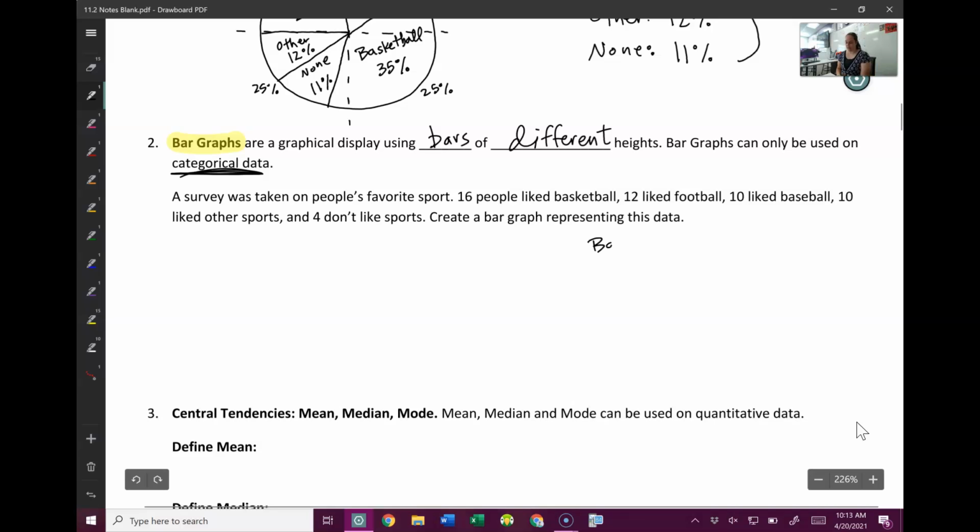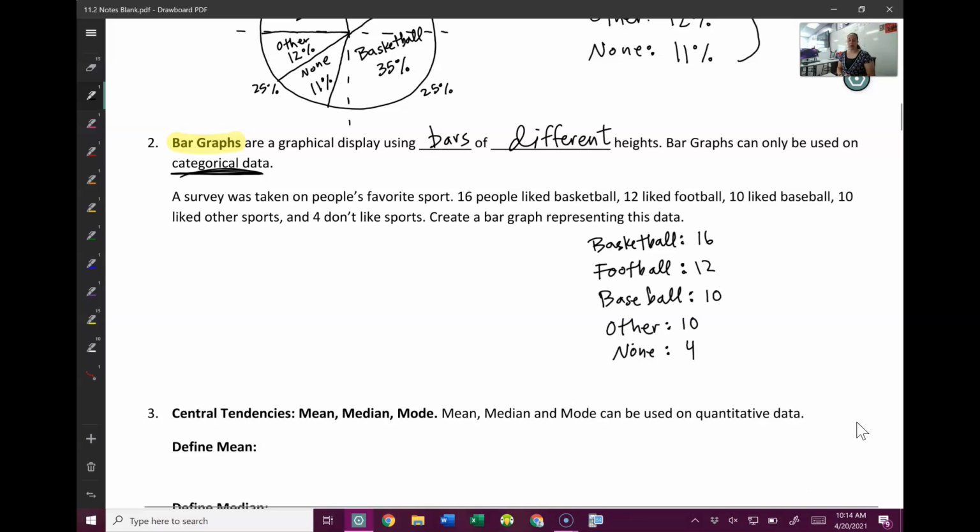We have 16 people that liked basketball, 12 people that liked football, 10 people that liked baseball, 10 that liked other, and 4 that don't like sports. And we want to create a bar graph representing this data.